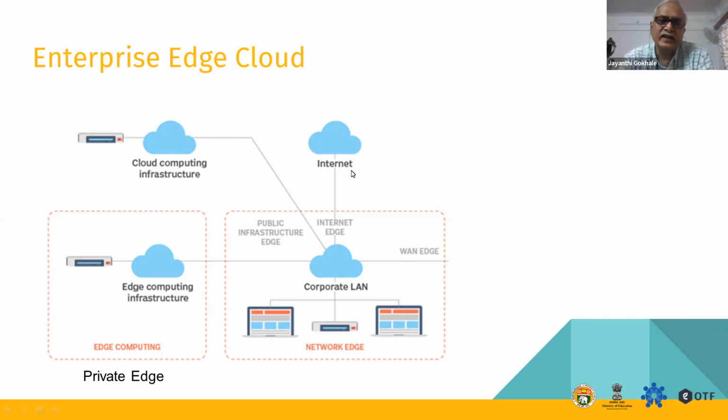And you have the internet edge, where the corporate infrastructure talks to other internet applications, maybe extranet or intranet or internet applications. So that is the second type of endpoint. Then you have all the infrastructure within the organization. This is also loosely called a WAN edge, edge devices over a WAN.